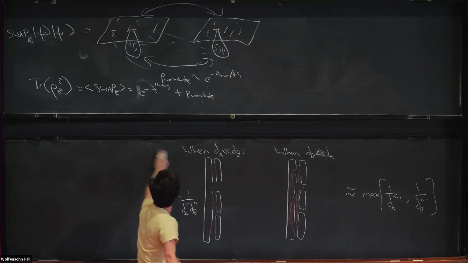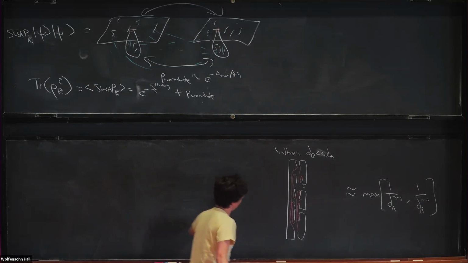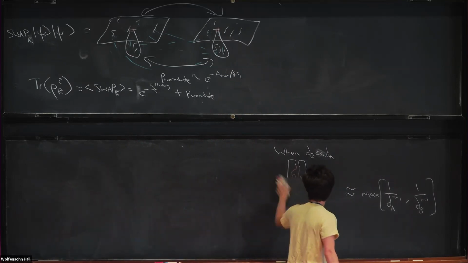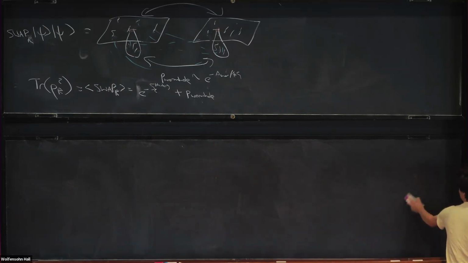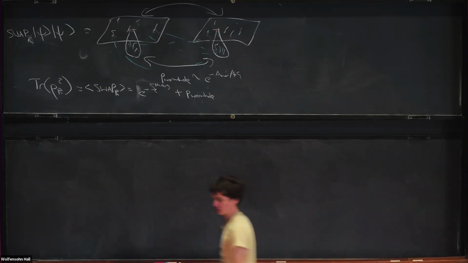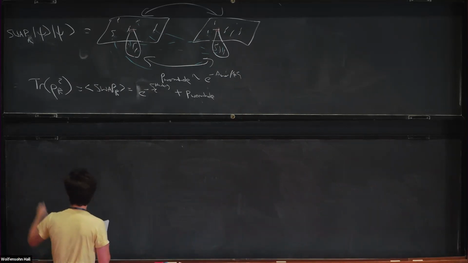So now we're going to take this state psi. We're going to compute its reduced density matrix on this reference system R. So let me just write that down.